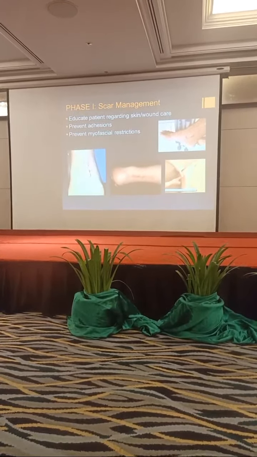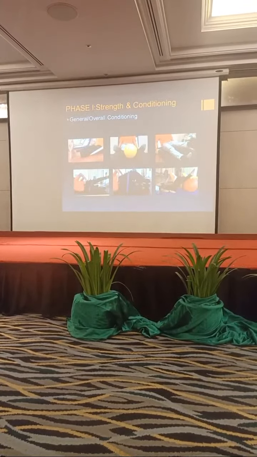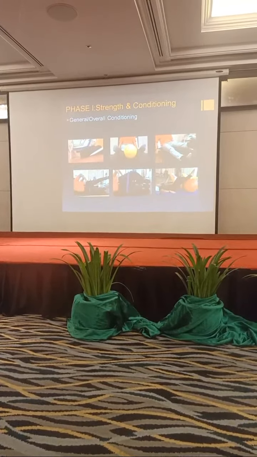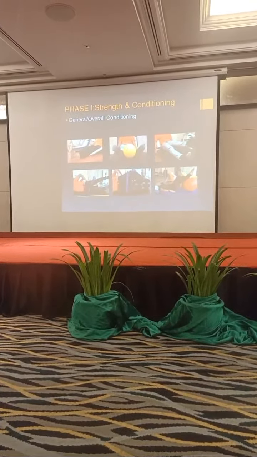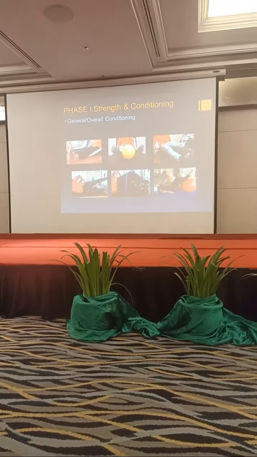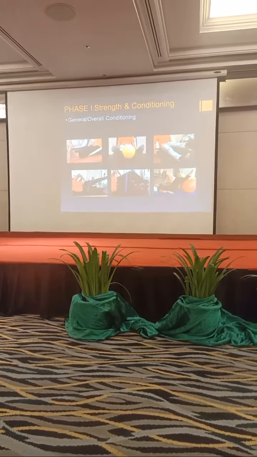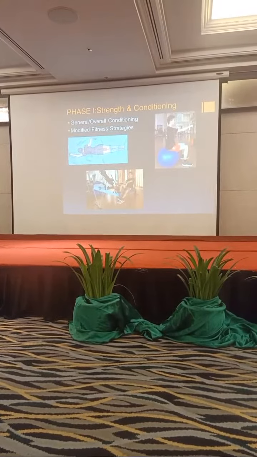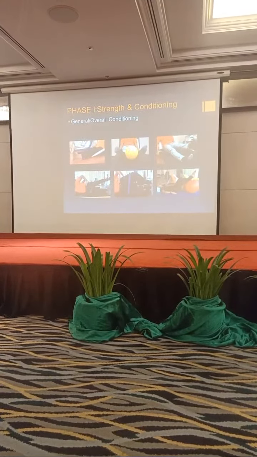Right. Let's go. In the first stage, we put a lot of emphasis on more general and overall conditioning. So here we talked about the proximal muscles, anybody that's above the ankle, and also the ones that are distal. You need a lot of good hip strengthening exercises.